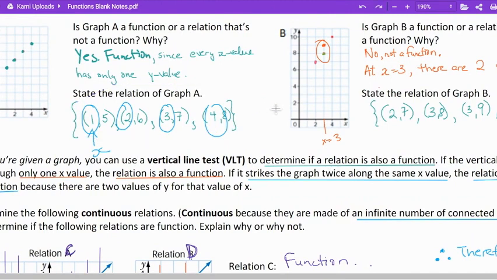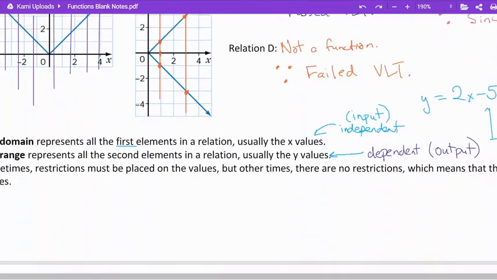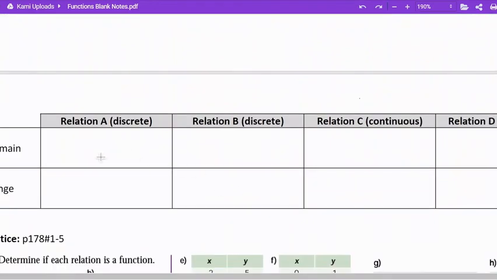So as a reminder, the domain is the first elements, the x's, 1, 2, 3, 4. Now note, 3.5 is not part of the domain, nor is 2.7. So when we write the domain of relation A, a discrete function, we list the x values, 1, 2, 3, 4. Did I get that right?